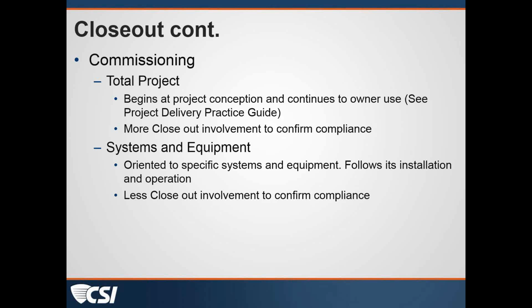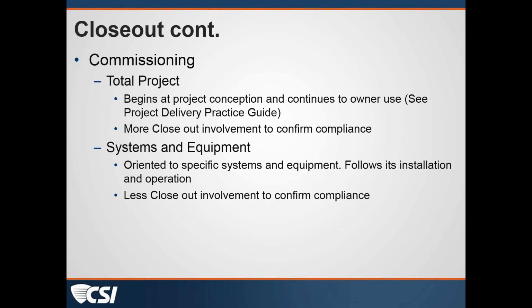And you know, there's more closeout involvement in a total project commissioning project to confirm compliance as you go through the closeout phase of the project. The second type is systems or equipment commissioning, something that I'm probably more familiar with than total project commissioning.